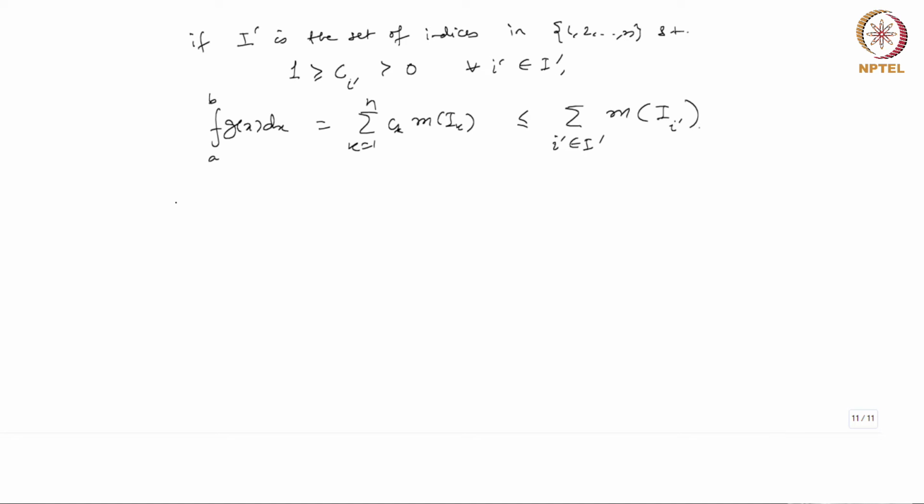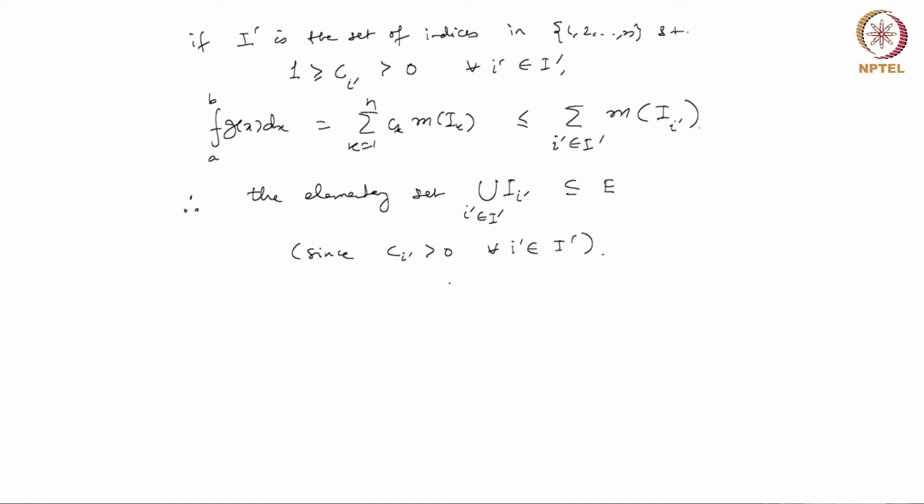So now therefore the elementary set, the union of I_i' over i' in I', is an elementary set that sits inside E, that must sit inside E because c_i' is greater than 0 for all i' in I', because otherwise the pointwise inequality that we had for g and chi E will not hold.